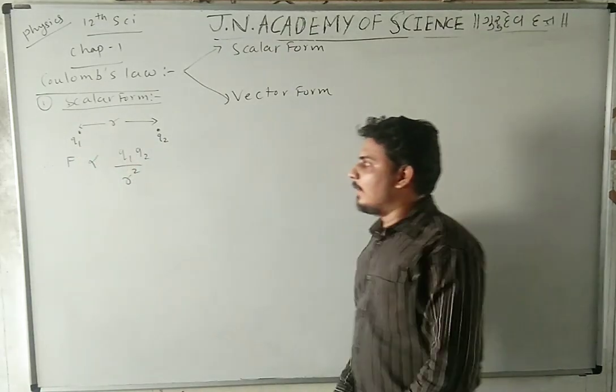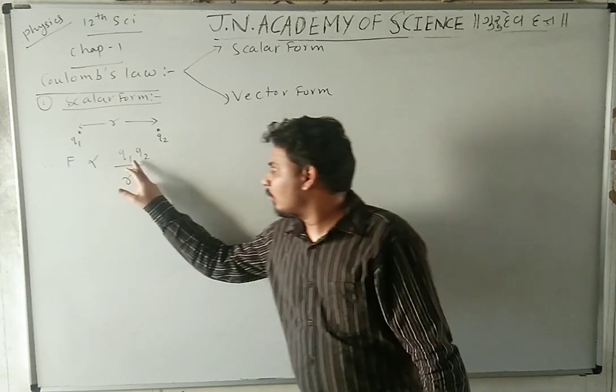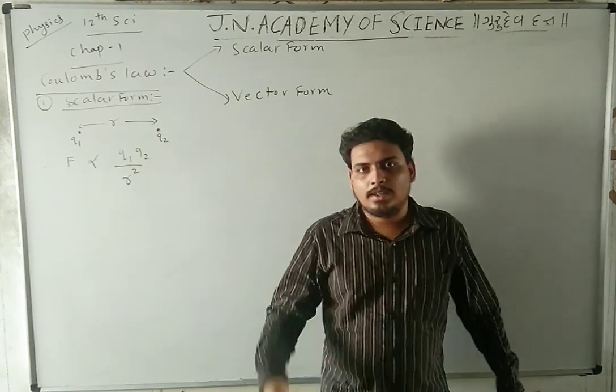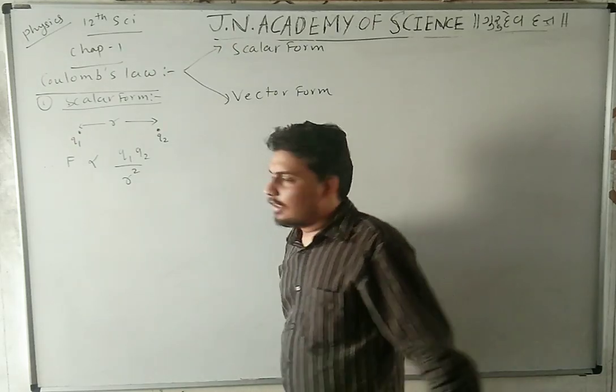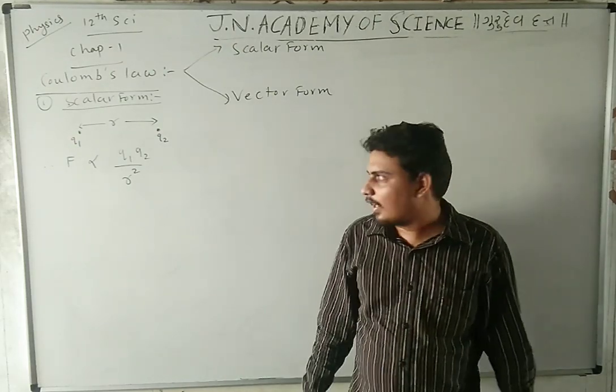So basically F is proportional to q1 q2, where q1 q2 is the product of the 2-point charges and r is the distance between them.